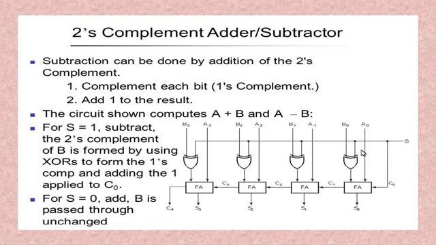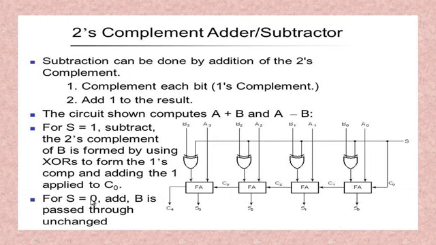Then A0, the LSB of the first number, is also added to this 1. While this XOR gate performs the one's complement, means one's complement plus 1 and addition of this LSB is nothing but 2's complement, and this is the procedure of 2's complement binary subtraction.